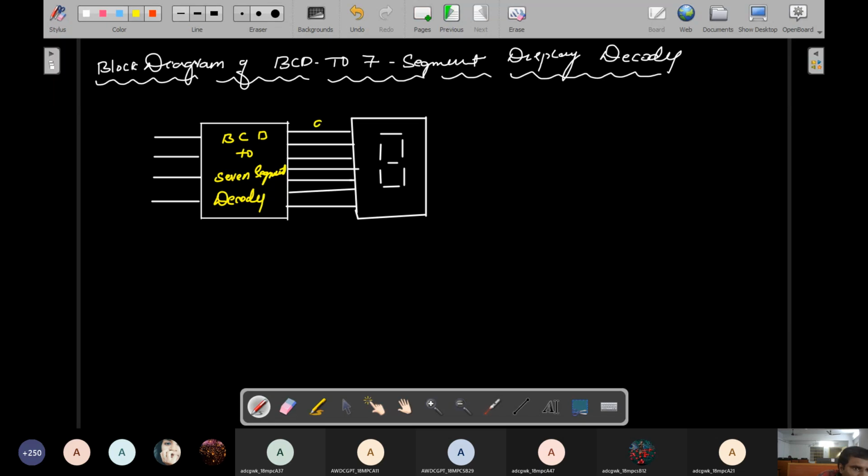Here our outputs are A, B, C, D, E, F, G, and the inputs are A, B, C, D, capital A, capital B, capital C, capital D. These are nothing but BCD. This is called a BCD number. BCD is an important number system.